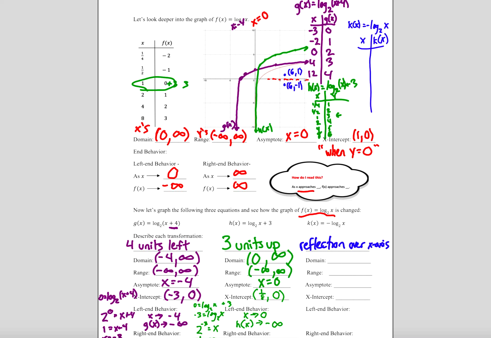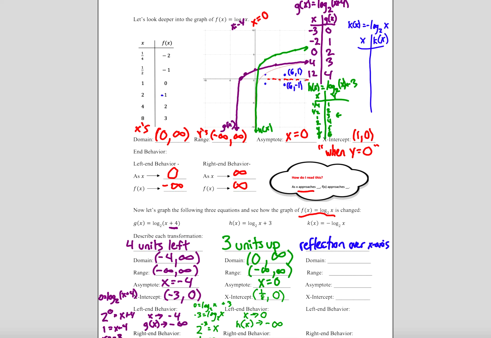So if I look at our original points for f of x, let's take (2, 1). That's now going to become (2, negative 1).